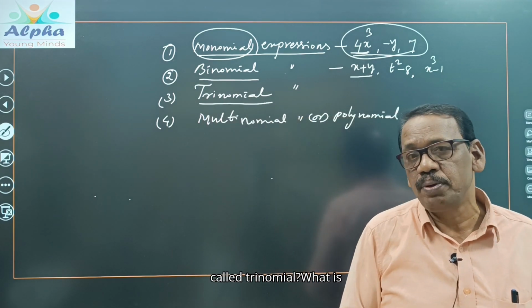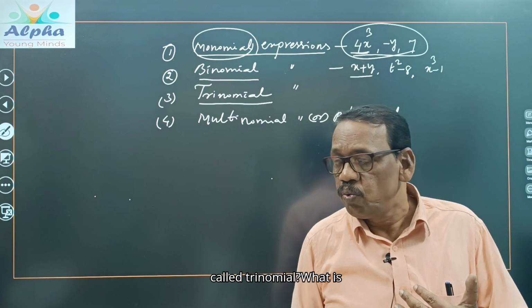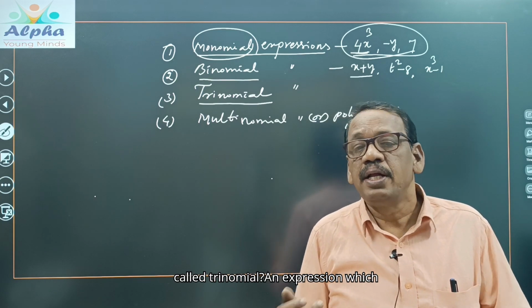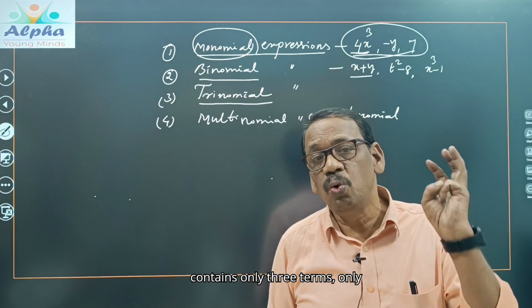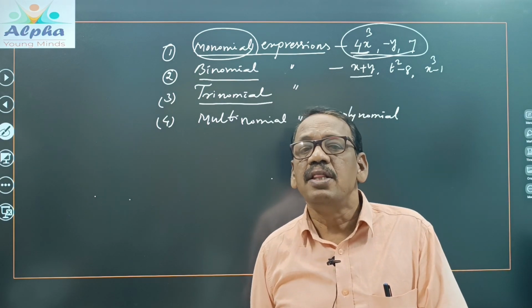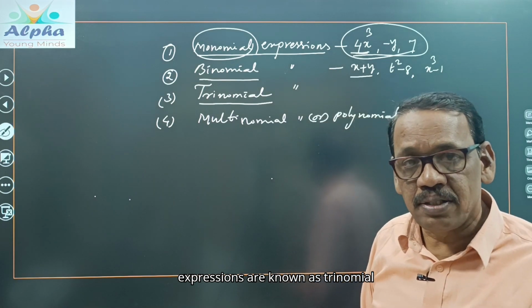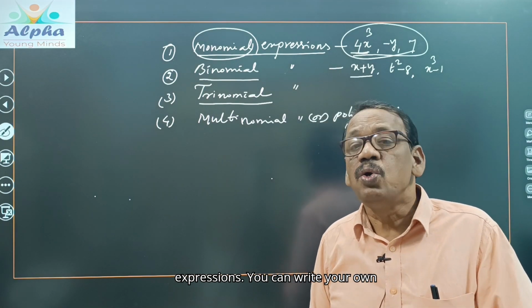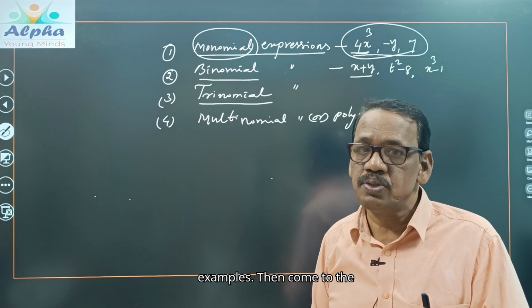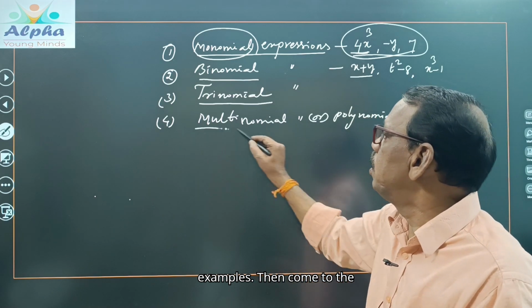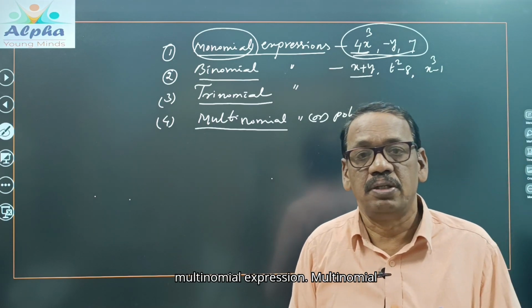Yes, come to the trinomial expression. What is called trinomial? An expression which contains only three terms. Such type of expressions are known as trinomial expressions. You can write your own examples. Then come to the multinomial expression.